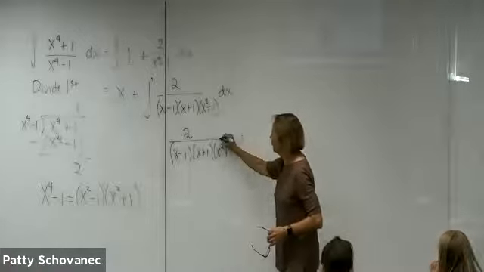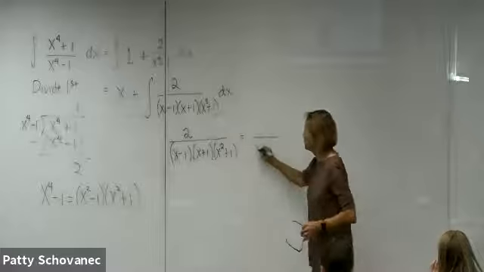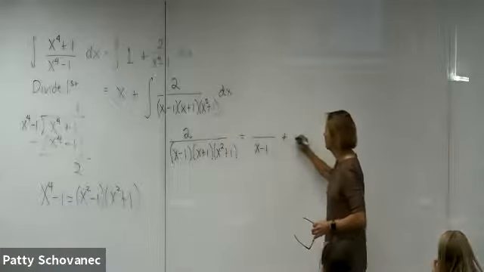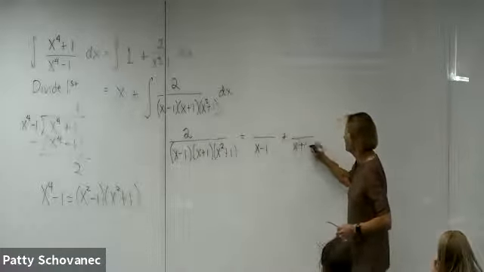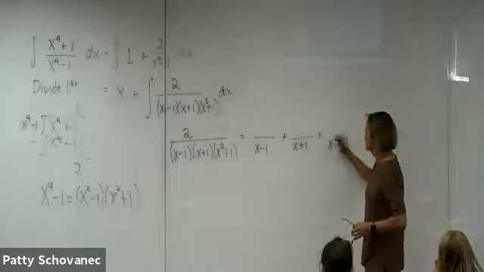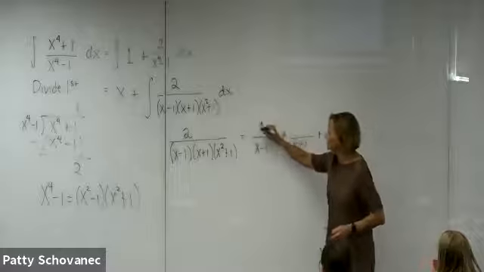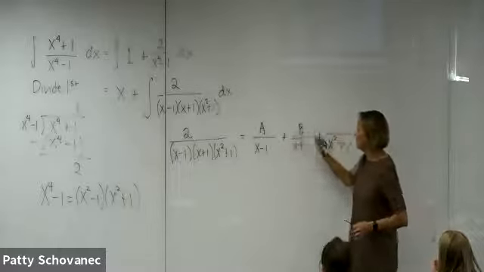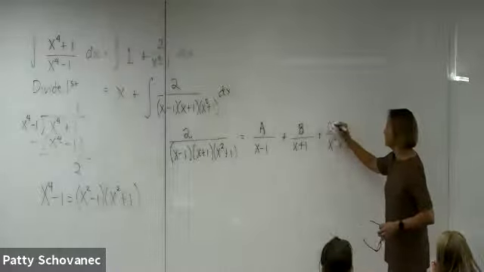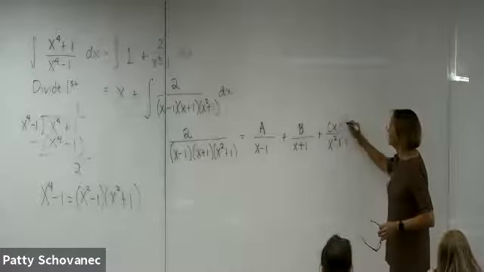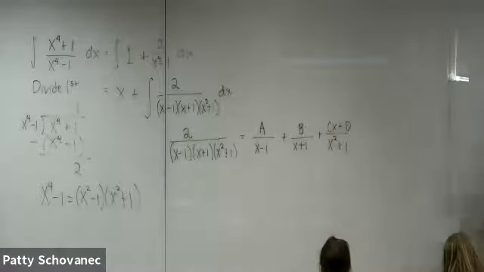So our bet is 3 fractions that have the individual denominators. For the linear factor, we guess a constant. And for the quadratic factor, we guess linear. So we have 4 unknowns. We need to come up with 4 equations.